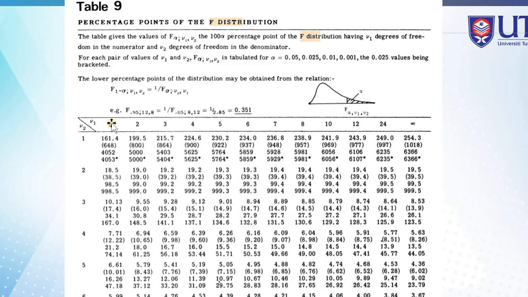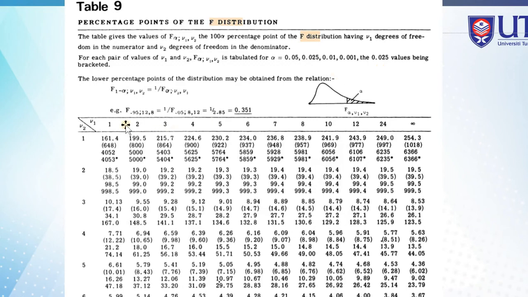Let's see V1 equal to 1 and V2 equal to 4. Here we have 4 values, ordered according to the different alpha. The first value is for alpha equal to 0.05, the second value is 0.025, and the last one is 0.01, where the bracketed value is for 0.025.